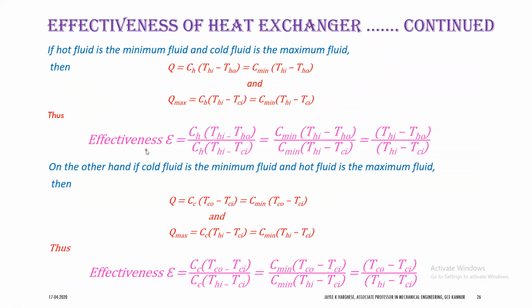We go back to this slide. We know that effectiveness is equal to the actual heat transfer divided by the maximum possible heat transfer. This is a very wonderful technique to analyze a heat exchanger even though we don't know all the four temperatures.